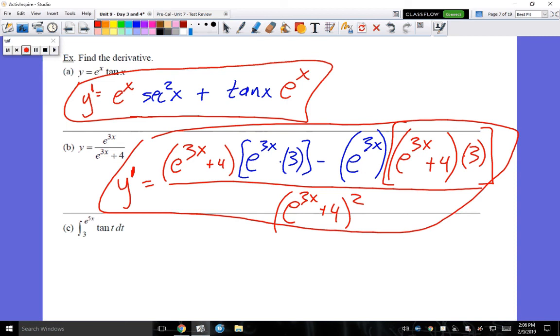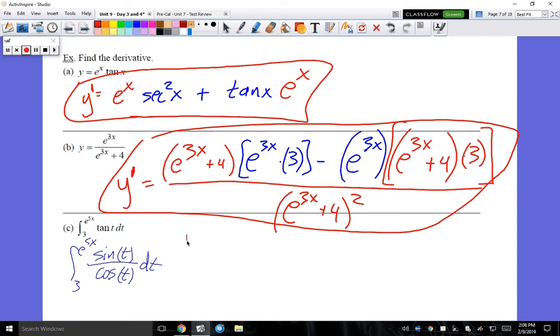Okay? Now, let us look at this example. What we're going to do is use recent tools that we've learned by breaking up this trigonometric function of tangent into two pieces, a sine of t over a cosine of t. Okay, notice how we do this.